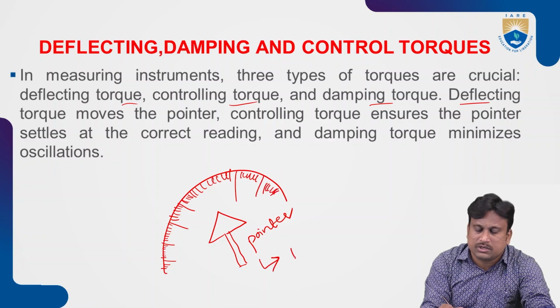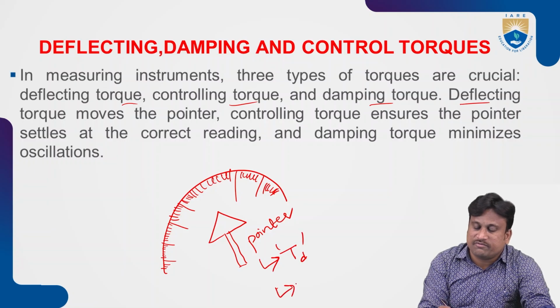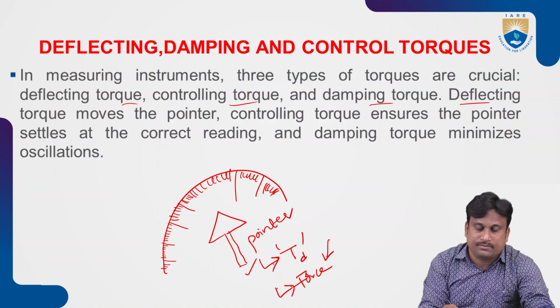This is associated with T_D, the deflecting torque. As the force tilts the pointer to move, with the help of the development of this torque, the pointer is ready to move over the scale.